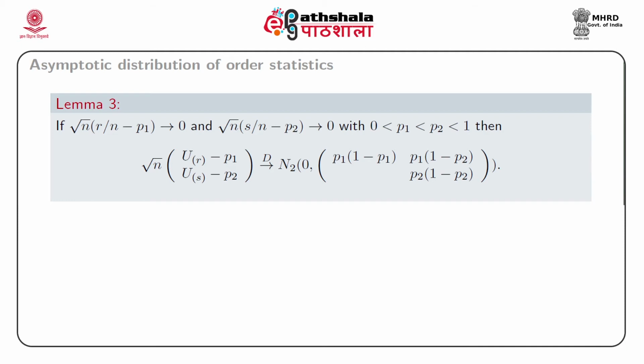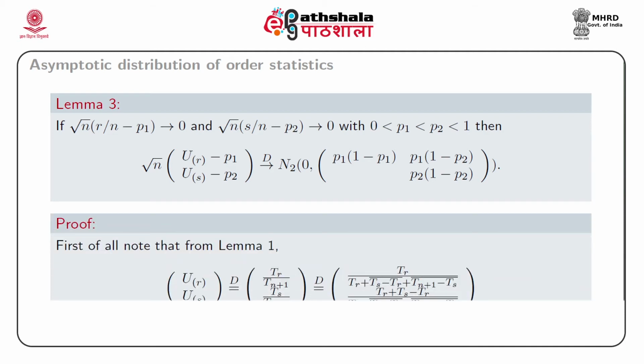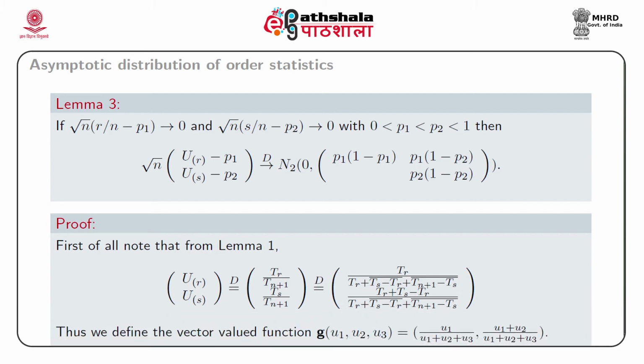So, for a proof, first of all we note that from lemma 1 the joint distribution of U_r and U_s is the same as that of T_r/T_(n+1) and T_s/T_(n+1), and we can write T_r/T_(n+1) as T_r divided by T_r plus (T_s − T_r) plus (T_(n+1) − T_s), and similarly we can express T_s as T_r plus (T_s − T_r), and T_(n+1) as defined earlier.